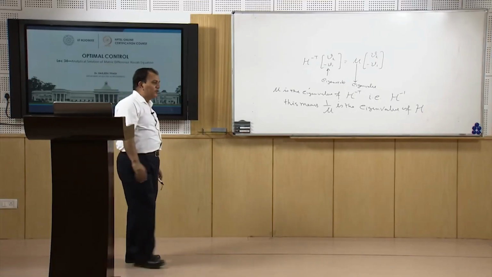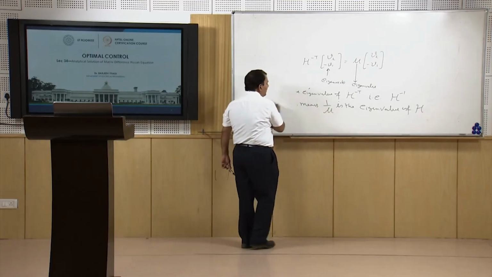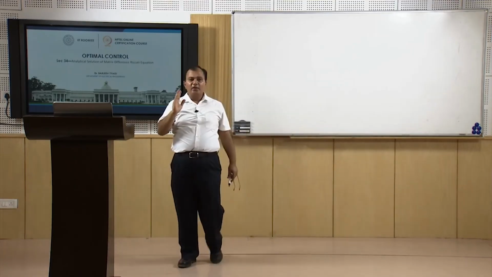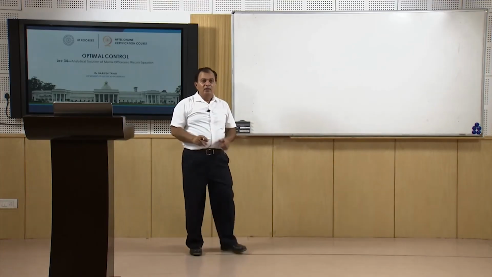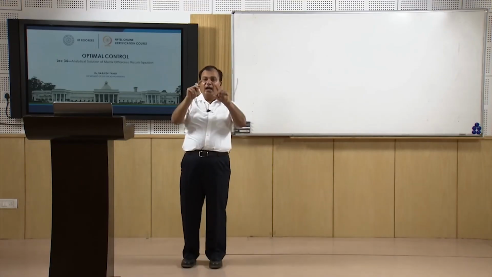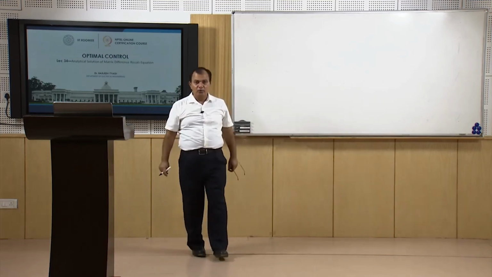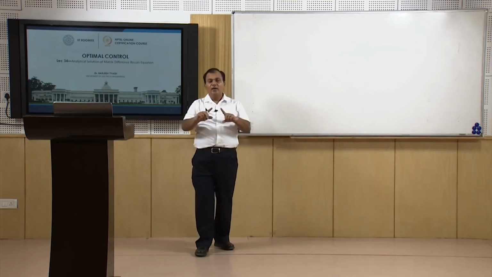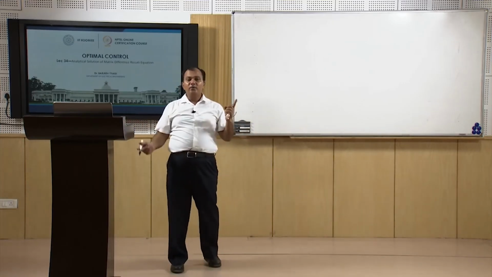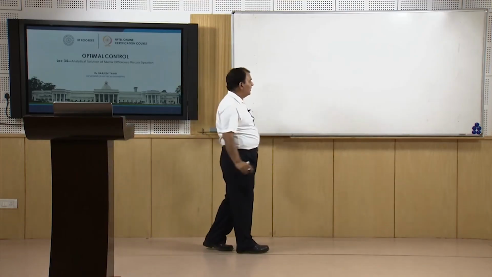What is the significance of this? The Hamiltonian matrix here is a discrete matrix. Eigenvalues which lie inside the unit circle are my stable eigenvalues, and the eigenvalues which lie outside the unit circle are my unstable eigenvalues.